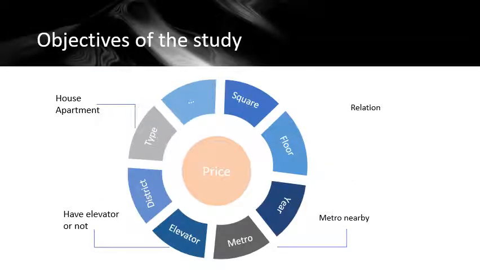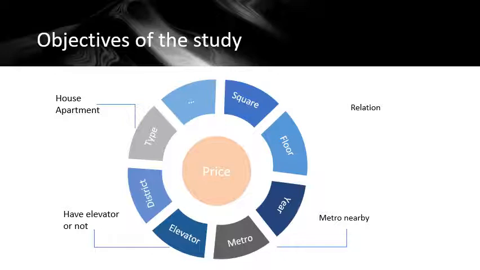So for the objectives of this study, we try to figure out the influence of different factors, for example, square, floor, year, metro, district, building type, whether it's a house or apartment, and how they influence the price.